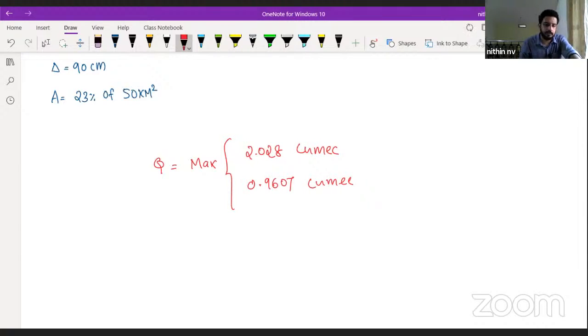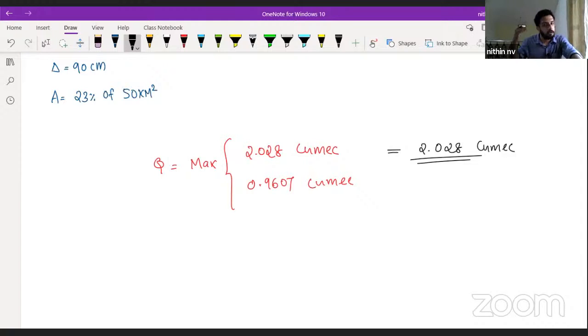Approximately 0.96. Okay, 95. Depends on your accuracy in calculation. Right. So which is our answer? Our answer will be 2.028 cubic.